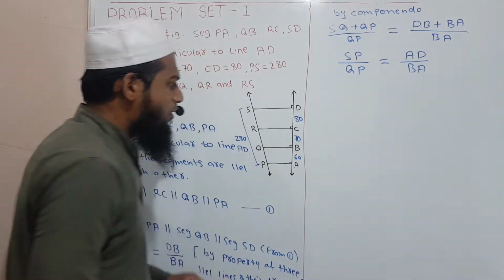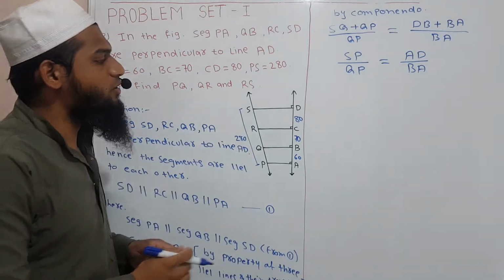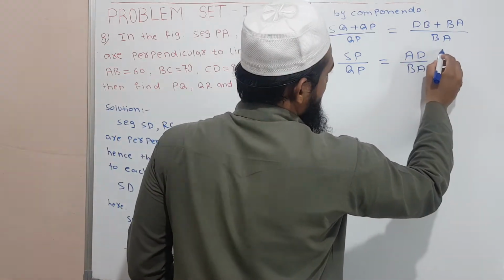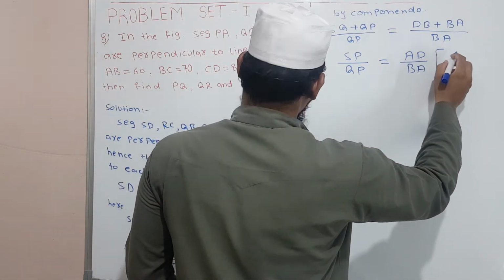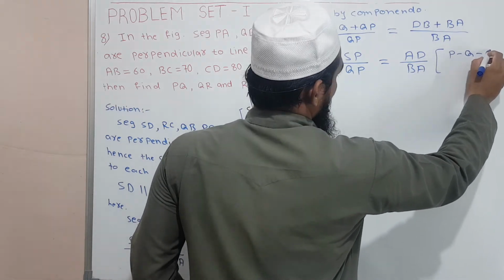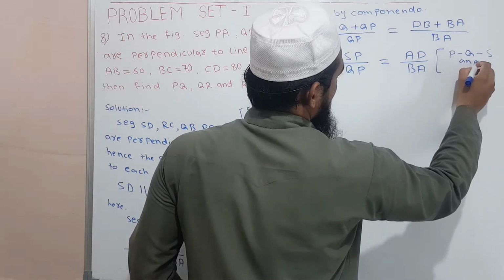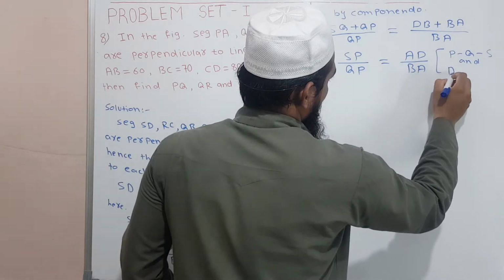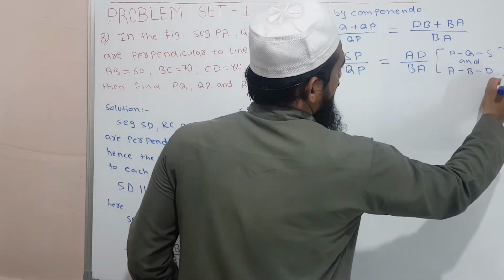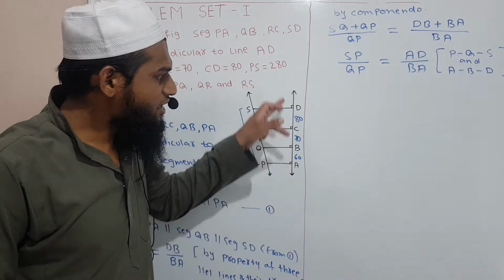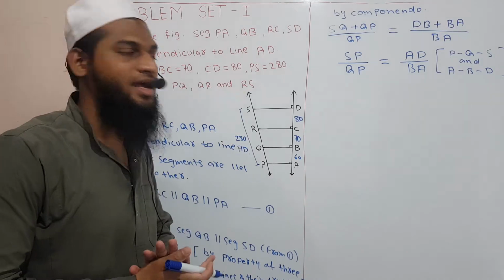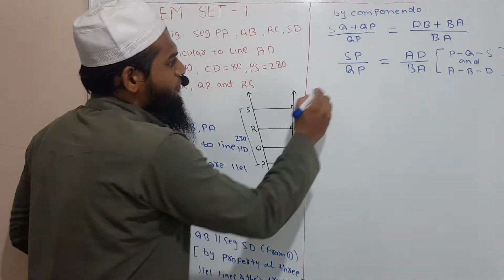Okay, now we can put the values, and we can write the reason of this. What is the reason? P dash Q dash S and A dash B dash D, it means that the 3 points are collinear or lie on the same line. Okay, now we are putting the values.